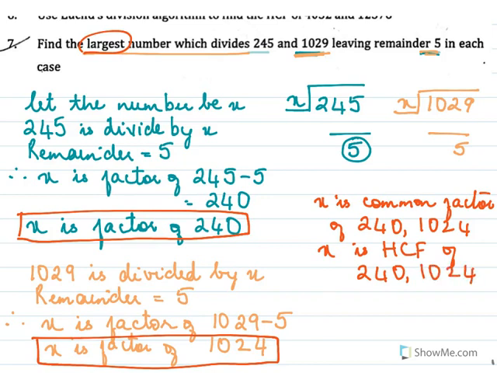So to find this answer, we have to find the HCF of 240 and 1024. Prime factorization of 240 is 2 raised to 4 into 5 into 3. And prime factorization of 1024 is 2 raised to 10.